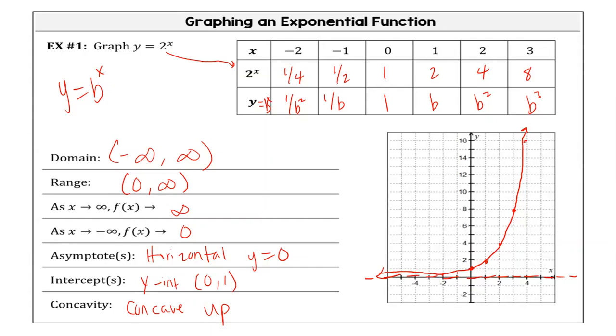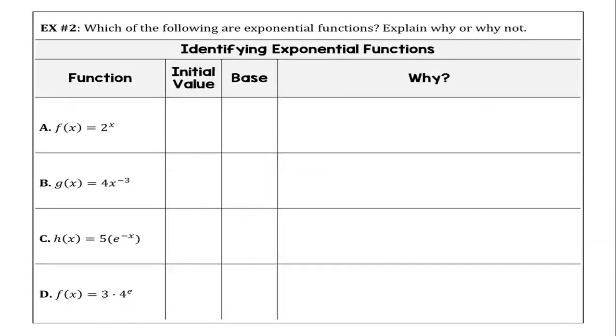All right. So let's look at other versions of this. So here we go. It says here, which of the following are exponential functions? Explain why or why not. Okay. So the first one, is this exponential? Yes, it is. Why is it?